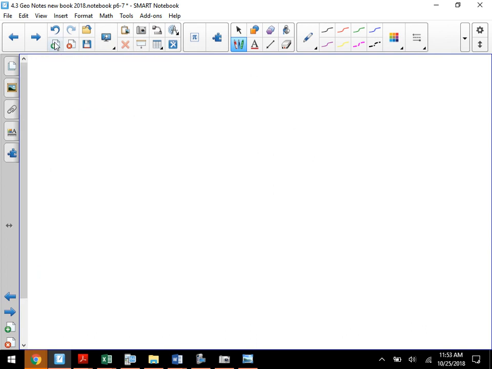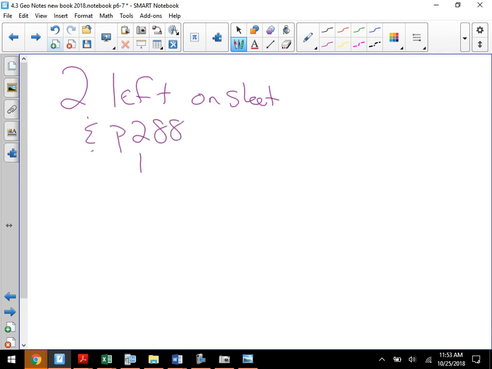As of right now, there are only 2 left on this sheet. And I also want you to do, I think it's page 288. I've got to double check my notes. Numbers 13 and 14. I'll collect that tomorrow prior to the quiz. You might have space on the sheet to do that. Otherwise, just staple the sheet of paper to it. Let me double check if that is the correct page. I believe so.